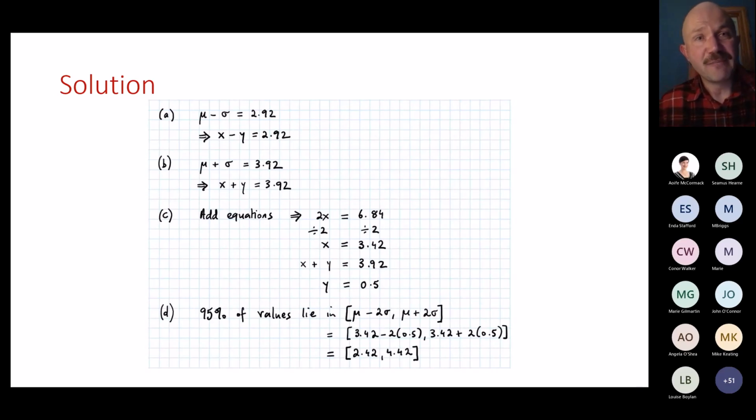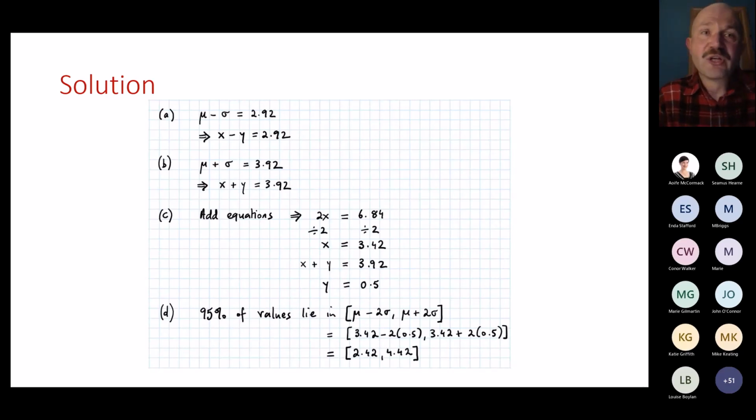In other words, the mean value minus 1 standard deviation brings you down to 2.92, because 2.92 was the lower value in that initial interval within which the middle 68% of the data lay. And then replacing mu with x and sigma with y, they have formed their first equation in x and y.